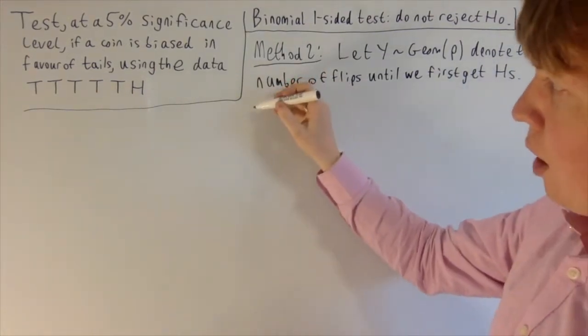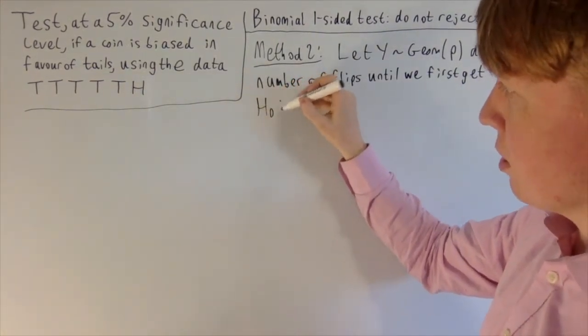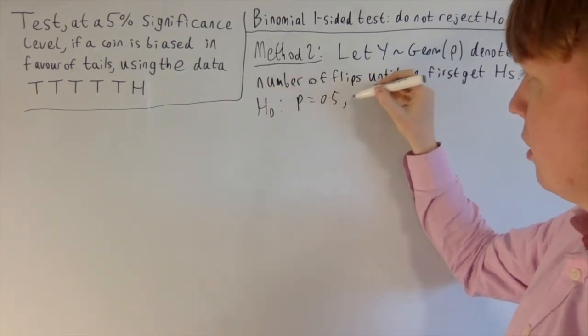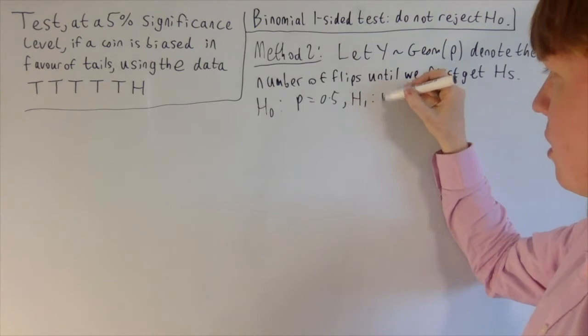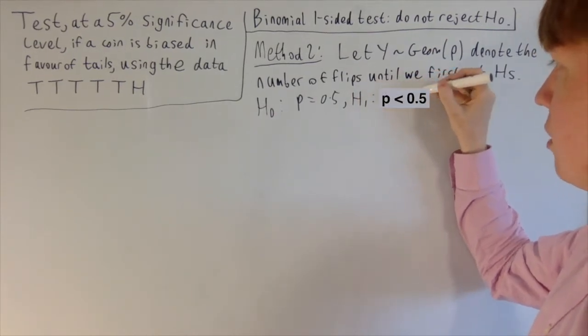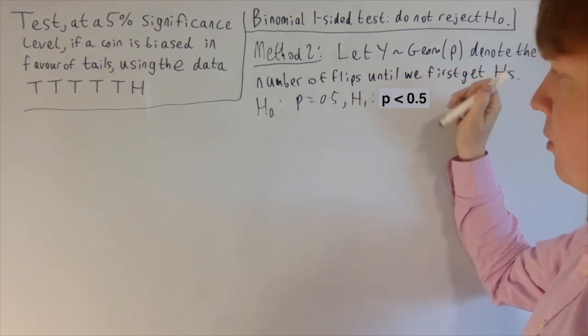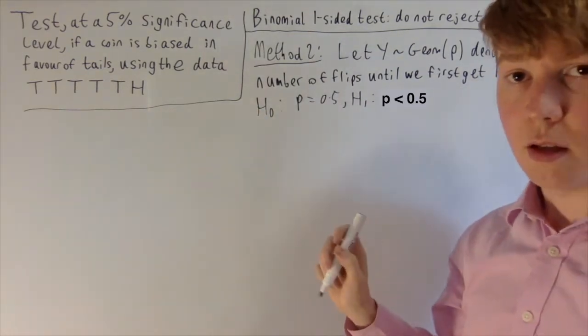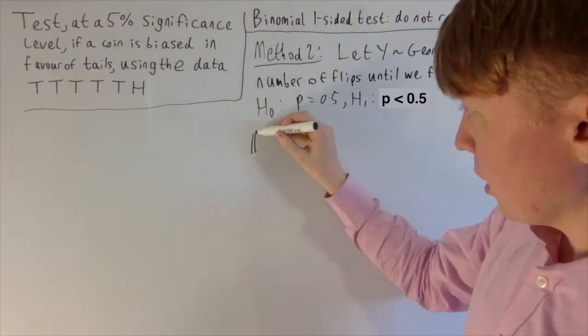As before, our null hypothesis is that p equals 0.5, that the coin is fair, and our alternate hypothesis is that p is greater than 0.5, because we're interested in being biased in favour of tails. Okay, so let's do the calculations now.